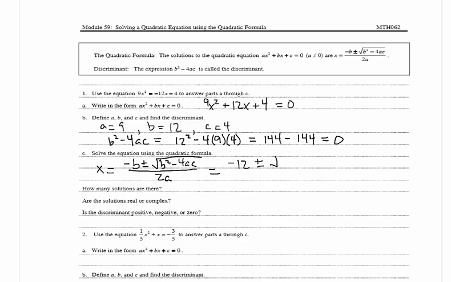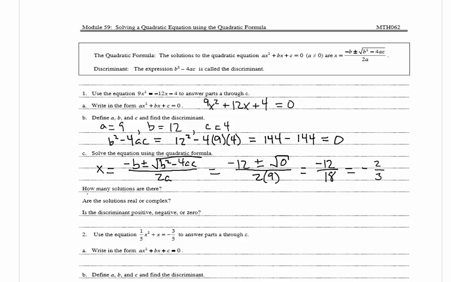And we solved b squared minus 4ac above, so we have the square root of 0 divided by 2 times 9. And because we have plus and minus the square root of 0, we're going to simplify this to negative 12 divided by 2 times 9 is 18, and negative 12/18 can be simplified to negative 2/3.